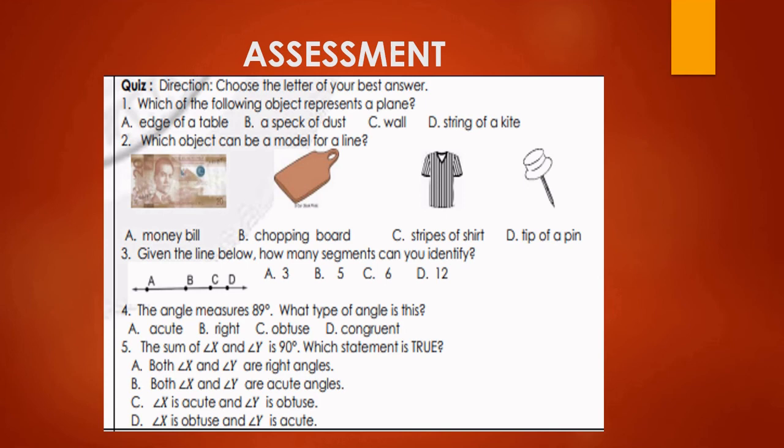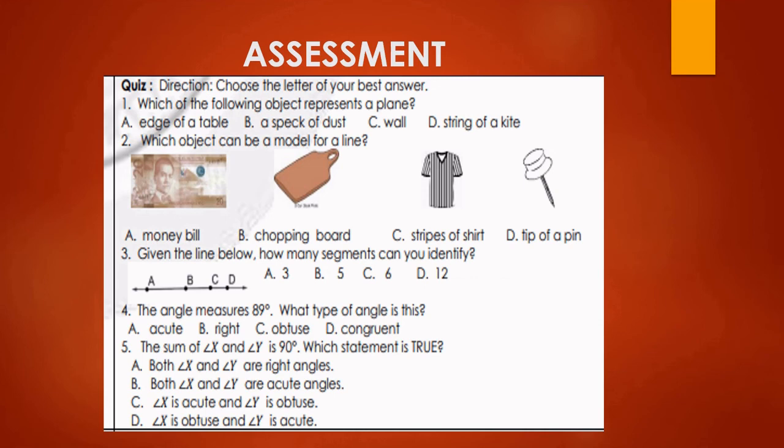Number 2, which object can be a model for a line? A, manivelle. B, chopping board. C, stripes of shirts. Or D, tip of a pin. Next, number 3, given the line below, how many segments can you identify?